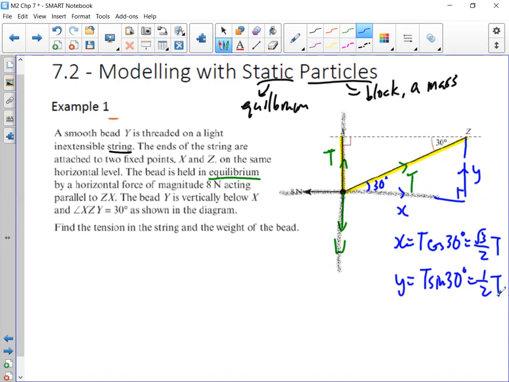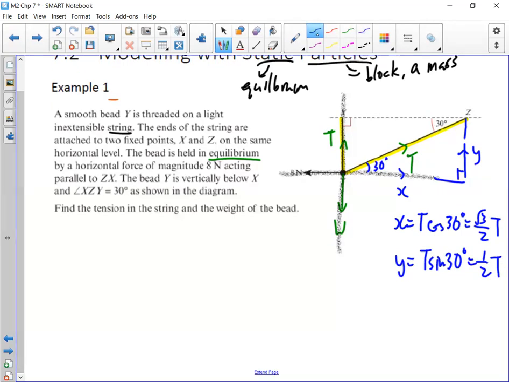So after we've done that, we can draw a force diagram. Now this becomes optional. If you can see it through, you can skip this. But if you can't, let's go through it. On this force diagram, we're going to put in all the forces. First of all, we'll put the forces that are on the axis. We've got T pointing upwards. We've got 8 Newton pointing leftwards. And we've got our weight pointing downwards.